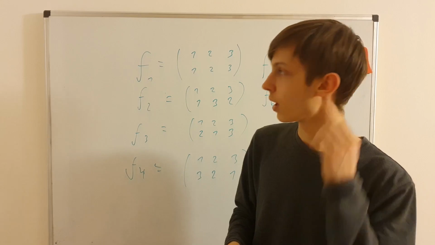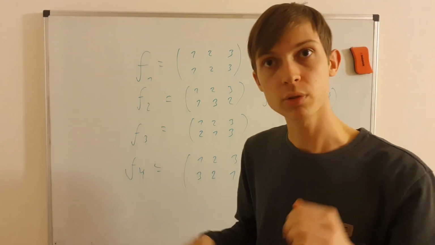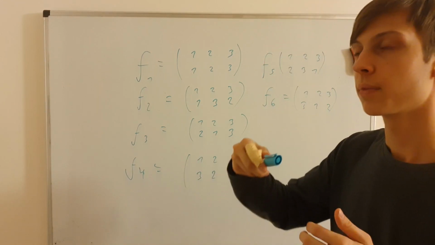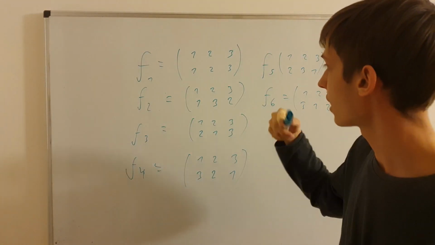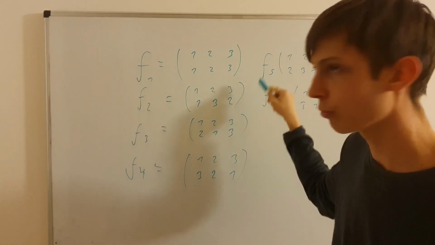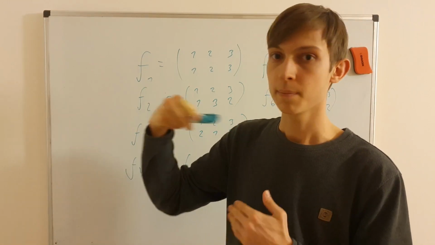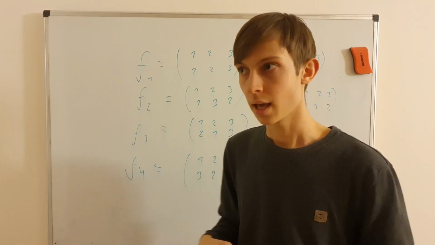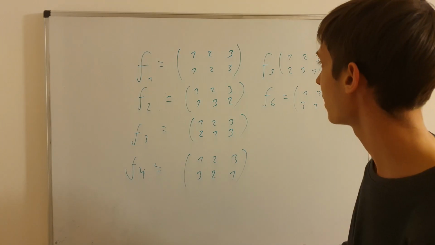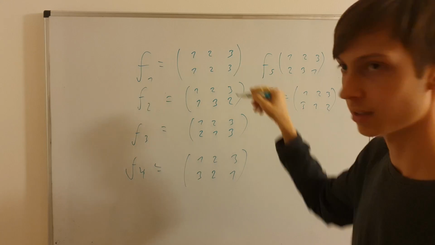The inverse, well, one can find the inverse. Also, the order can be found. The order is the amount of times an element of the group has to be put into operation with itself until it reaches the identity element. For each of these we can try to put this function into composition with itself, right?